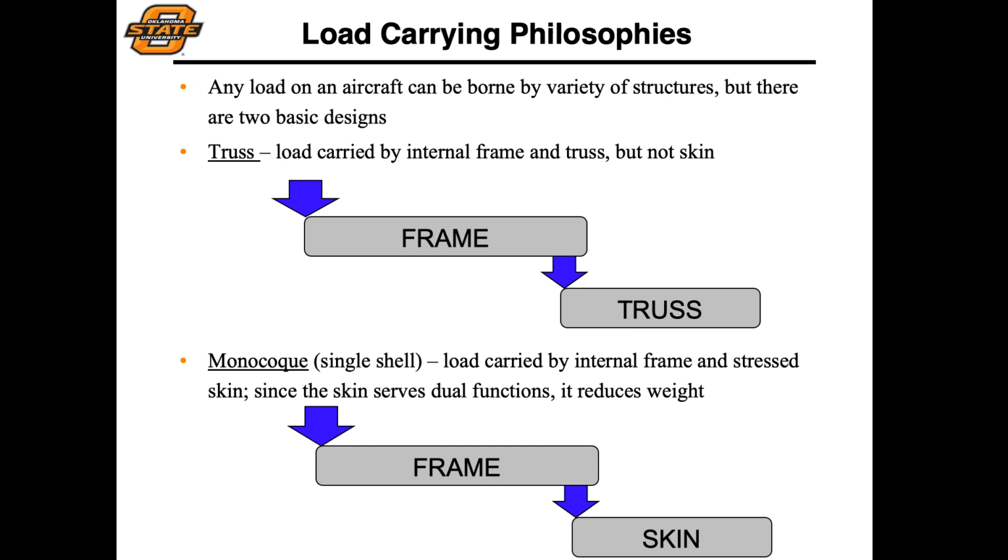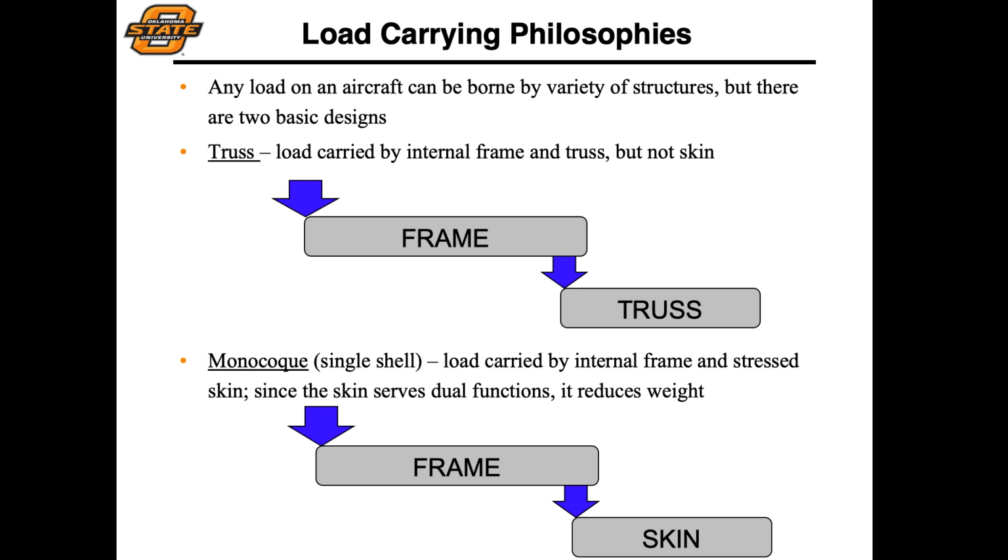A more modern approach is the monocoque approach, where you have some of that load being carried by the internal frame, but you also have a stressed skin. That stressed skin serves dual functions. It's not only transmitting your aerodynamic loads directly to your internal frame, but it's also carrying some of that load as well.